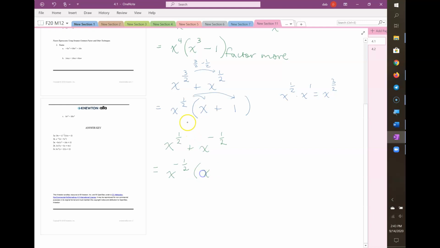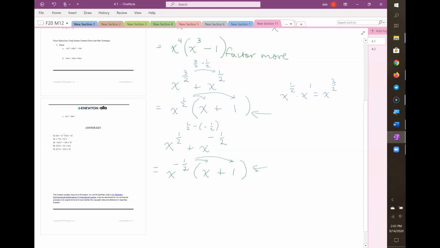Then I'll have x to the power of 1 half minus negative 1 half. So that's the power of 1, which we don't write, plus 1. And then again, distribute and make sure that your factoring works. Okay, so that's factoring. This is factoring out a fraction exponent. This is factoring out a negative fraction exponent.